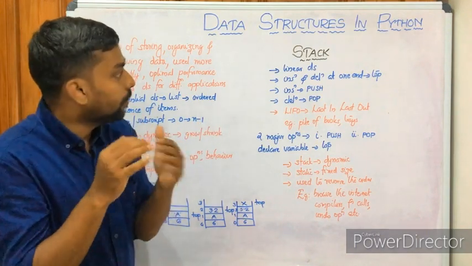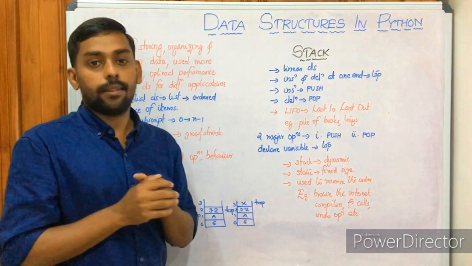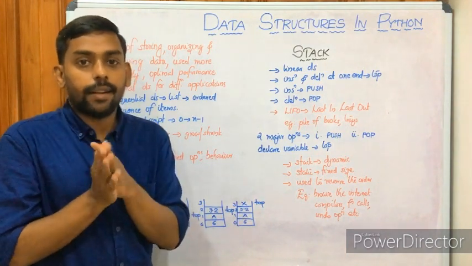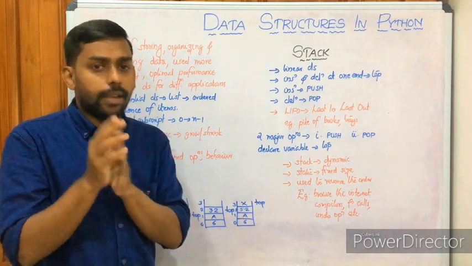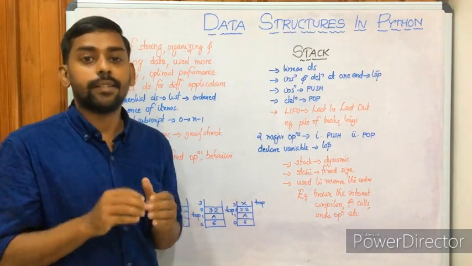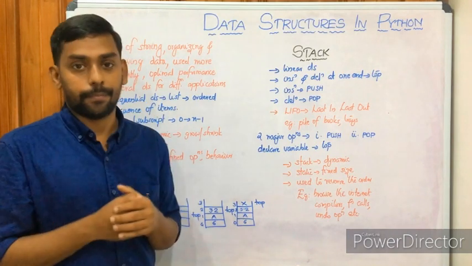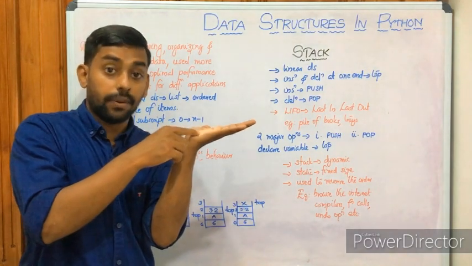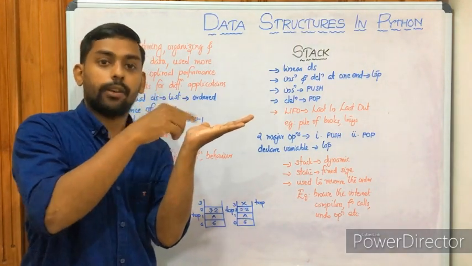Then we can look at the points. A stack is a linear data structure. What do you mean by linear? We have two terminologies, linear and non-linear. Linear in the sense that we can predict the next item. Just after the first element you can predict the second element, then the third element.